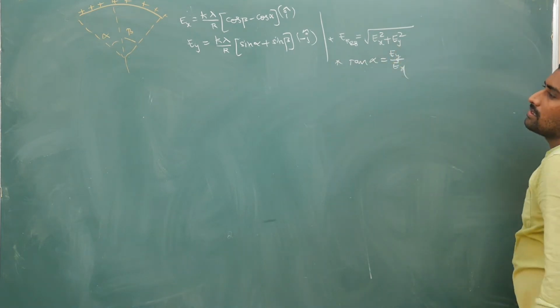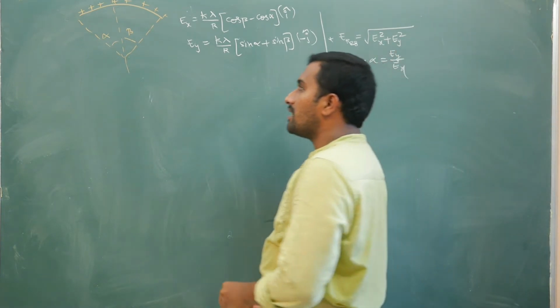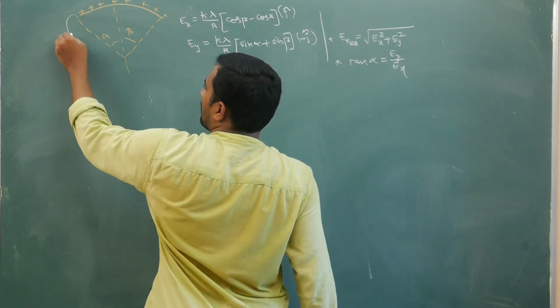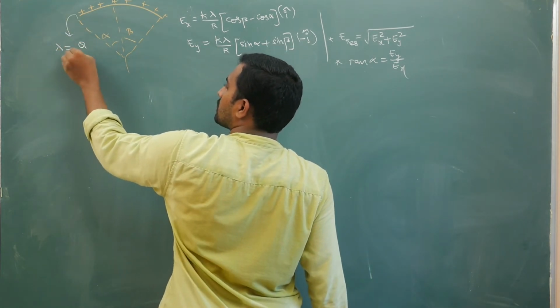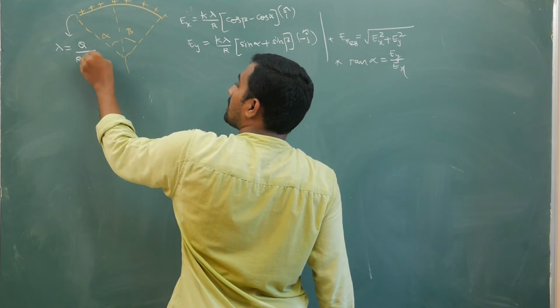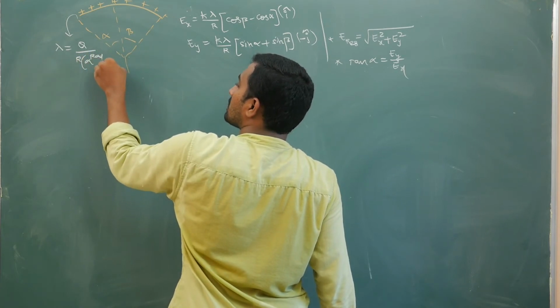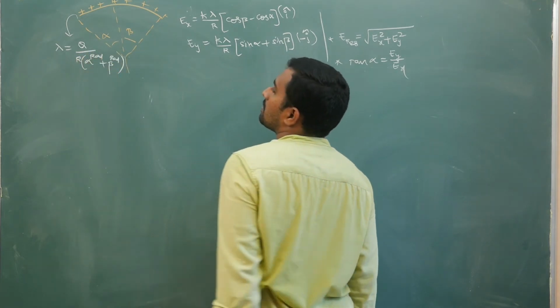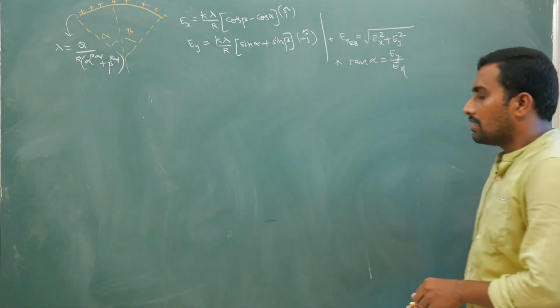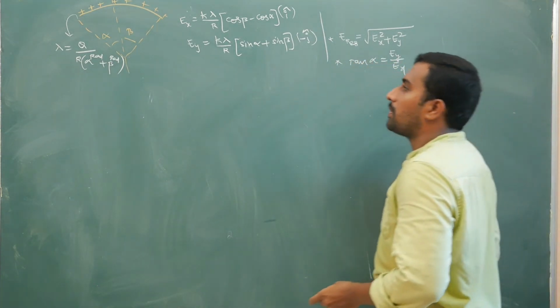So this is your resultant field. Coming to your lambda value, it is total charge by r times alpha in radians plus beta in radians. Right? Now coming to the subcases part.